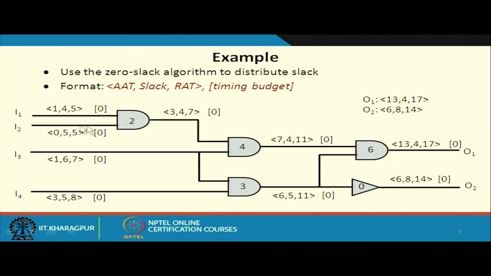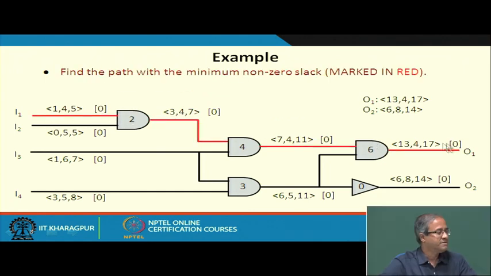The first step says you identify the node with the minimum positive slack. You see here that the minimum positive slack is 4, it is 4 here, 4 here, 4 here, 4 here. So you pick up any of the nodes, this entire path will be a dominating path. The path marked red will be the minimum non-zero slack.